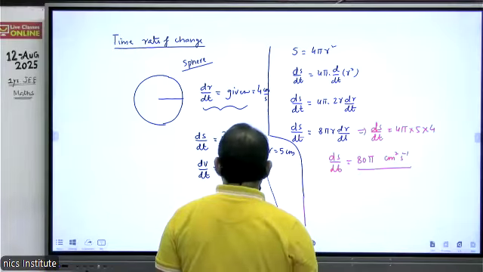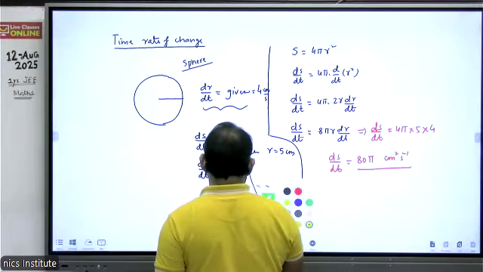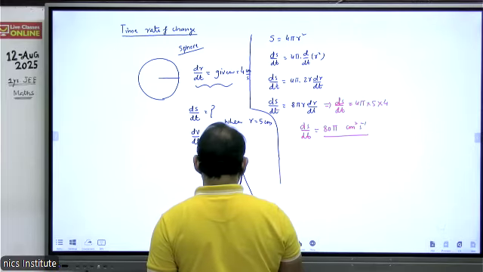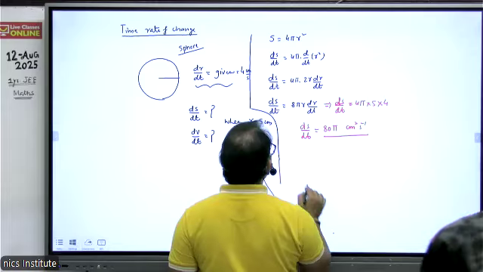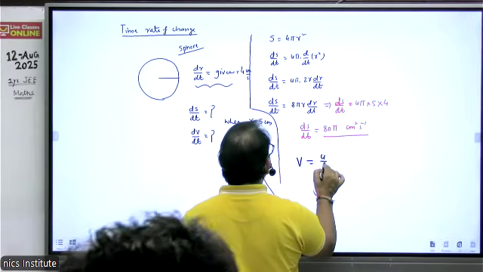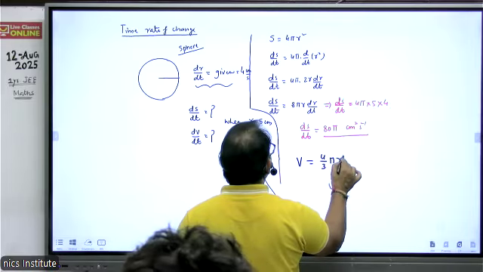Then similarly, we can find dV by dt also. You've been given volume. V is the volume. Volume of a sphere is 4 by 3 pi r cube.